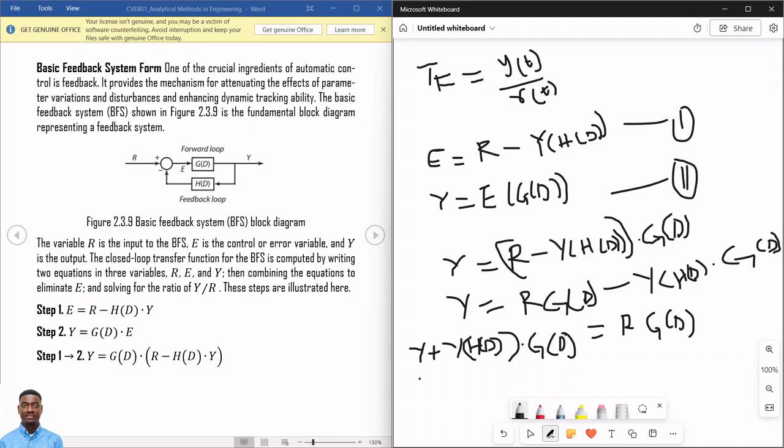So we can factorize it and say Y into 1 plus H D G D equals R G D.